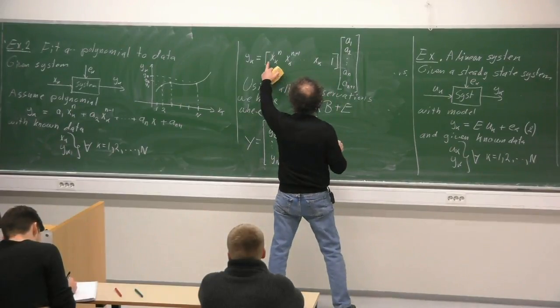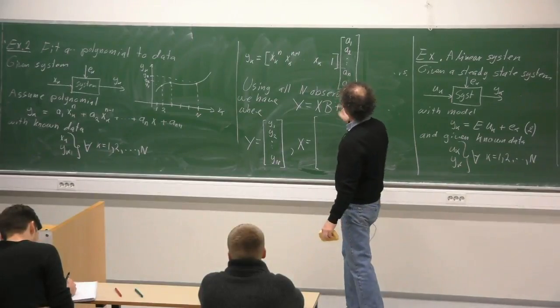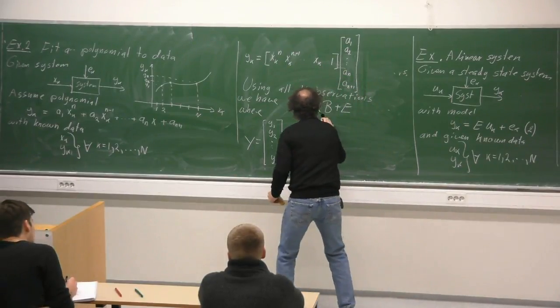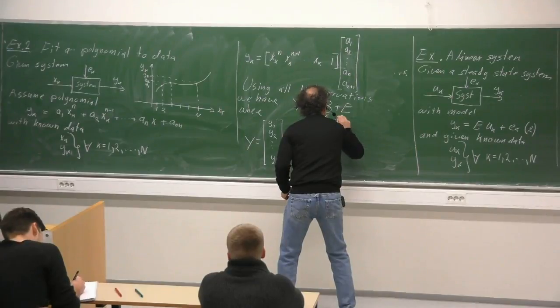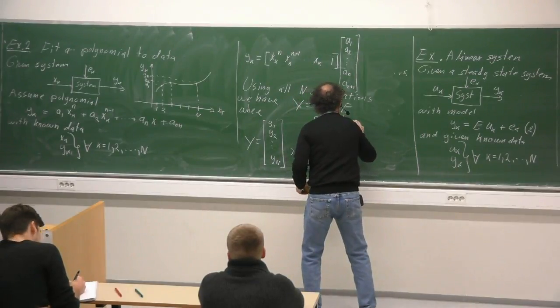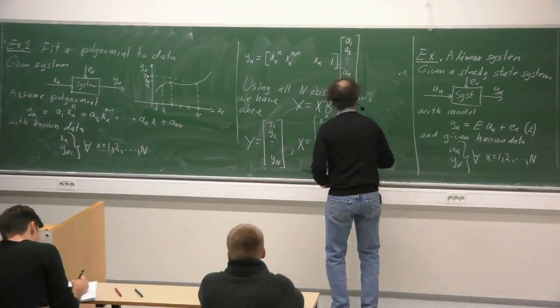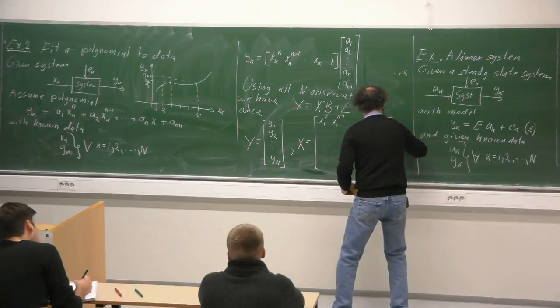Now, this row, all n rows, but with different time instance k, from 1 to n. Then x1 to the power of n minus 1, dot dot dot, down to x at time 1, and simply 1.